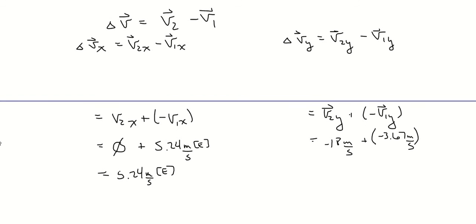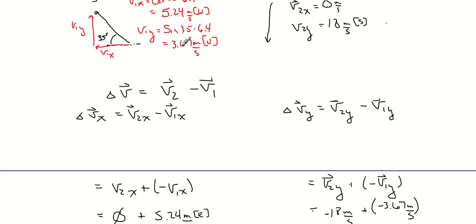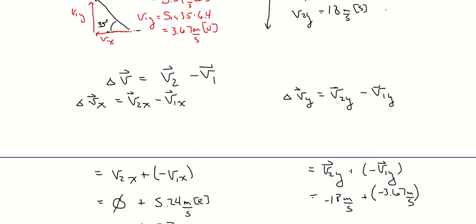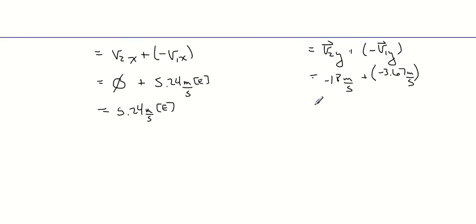Why is it negative? Well, we want the negative value of v1y, and v1y was 3.67 meters per second north, but we are taking negative v1y, which means that we want 3.67 meters per second south. Okay, so in the end, negative 18 plus negative 3.67 is negative 21.67 meters per second north.